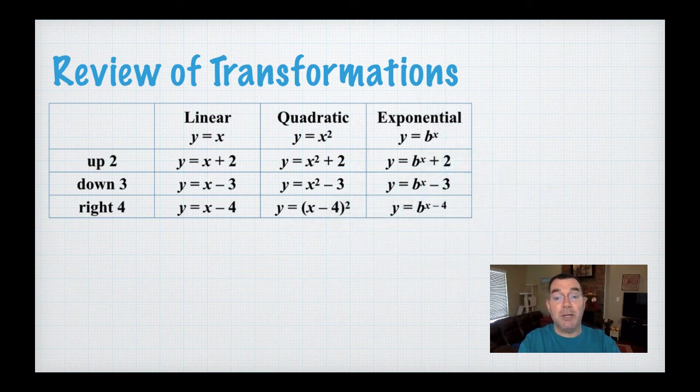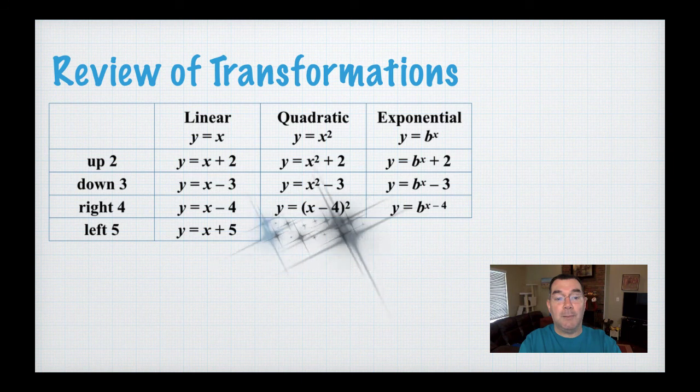So the exponent becomes x minus 4, and all of that is the exponent of your base b, whatever that happens to be. Okay. Similarly, if I'm moving left 5, instead of subtracting an amount, since I'm moving left, I'm going to add whatever that amount is. So this becomes y equals x plus 5. For quadratics, x plus 5 goes in the parentheses, and for exponentials, x plus 5 goes in the exponent.